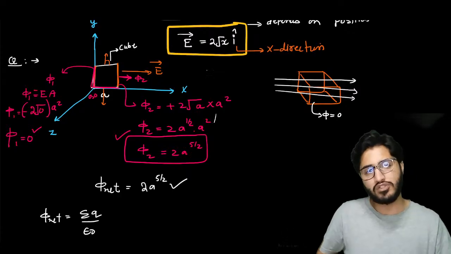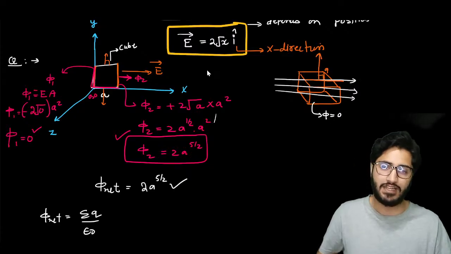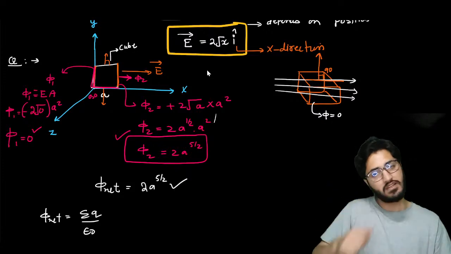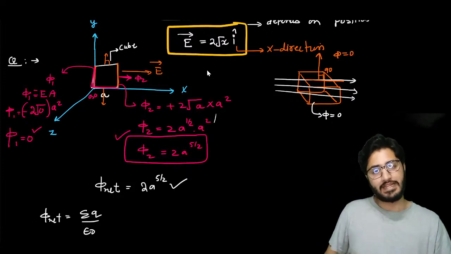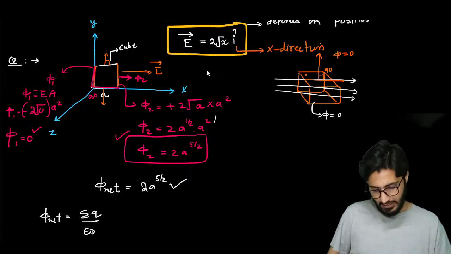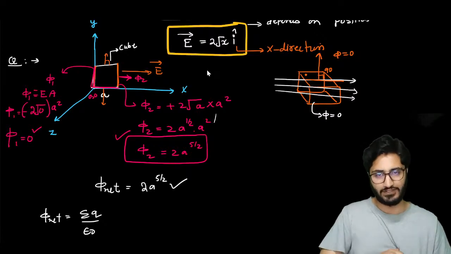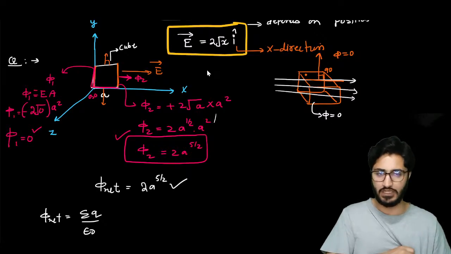Now let us talk about the upper one. This is my electric field and this will be my area vector. Again 90 degrees, so from the upper face, flux is 0. In the same way, if we talk about the back one, flux is 0. Done?